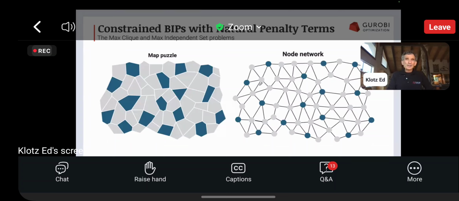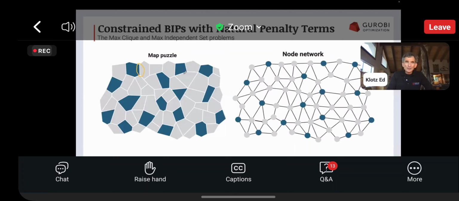If you look at this picture, which came from an article, it actually related to a map puzzle where you had regions in a map that shared boundaries. The regions were nodes, and they shared edges if they had a common boundary between them on the map.